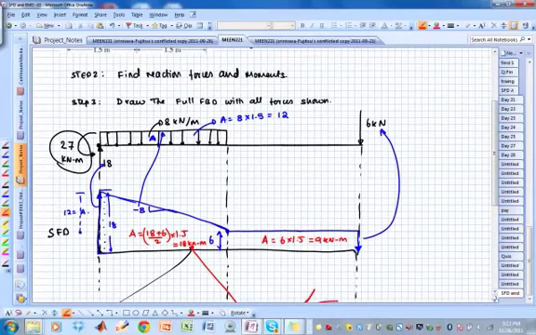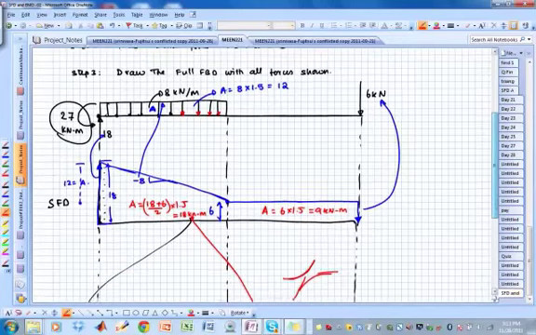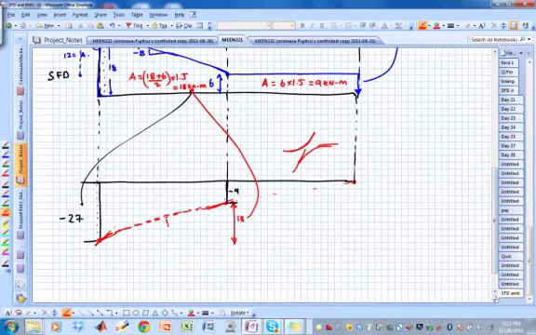The curvature says go down, go down, go down. So the curvature is negative, which tells me that the parabola is pointed downwards. You can just look at the load diagram and figure that out. That is, it's concave downwards. So that's the shape.